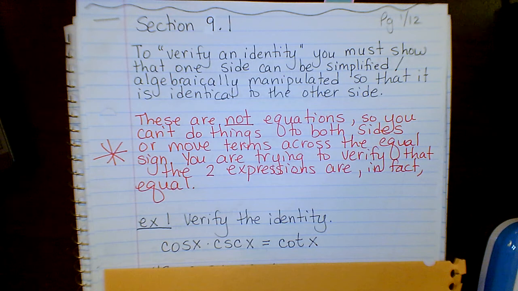You're used to equations where you can add 2 to both sides and square both sides and things like that. We can't do that with an identity because we don't know that the two sides are equal. So we can't treat it like an equation.